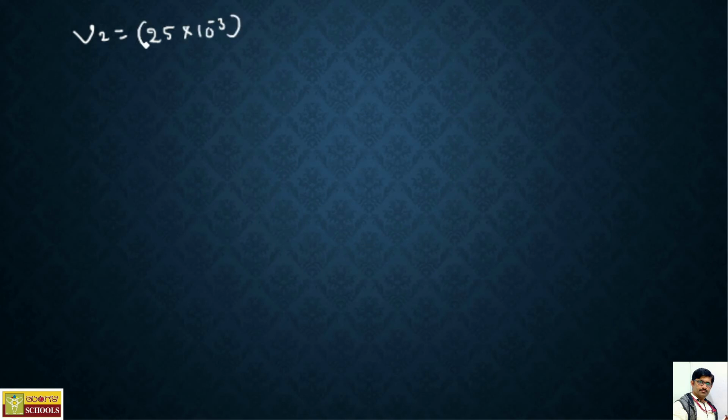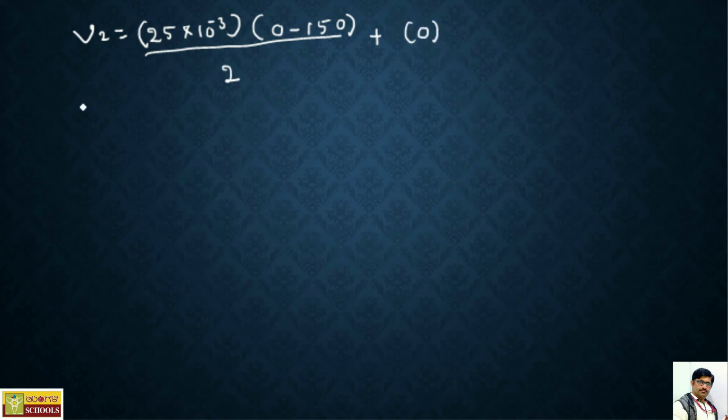You keep it in bracket, and U1 as 0 minus V1, that is 150 meter per second, divided by M2, that is the mass of the pistol, 2 kg, plus U2. U2 is again taken as 0. So try to solve this. I substituted all the values into the expression.